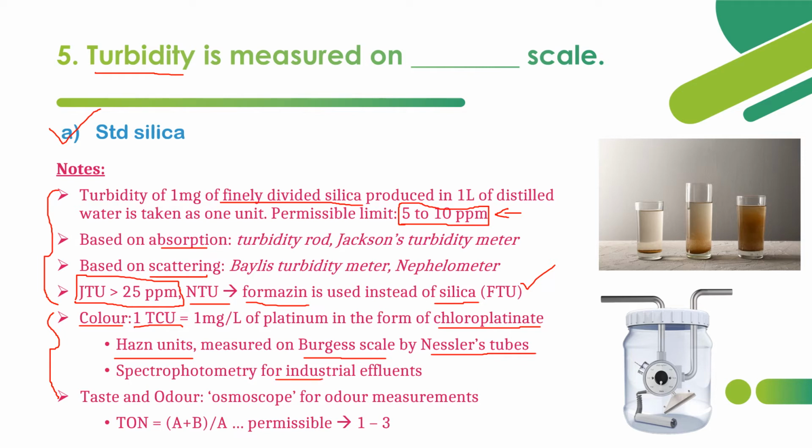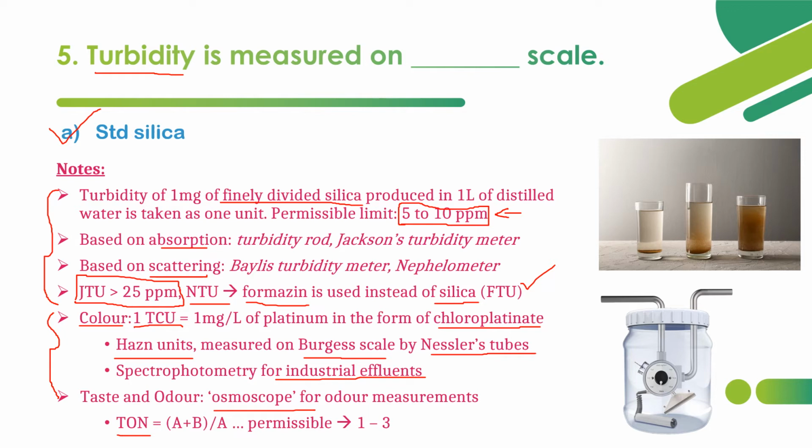Spectrophotometry is used for industrial effluents, not for domestic purposes. And if it comes to taste and odor, an osmoscope is used for odor measurements, and TON is nothing but threshold odor number, which is given by the formula (A plus B) by A. A plus B is the diluted sample, and A is the raw sample, raw water collected from the source.